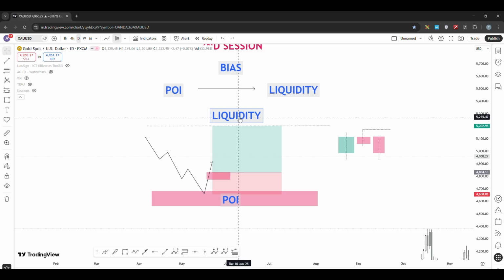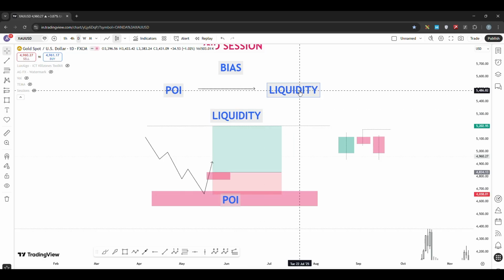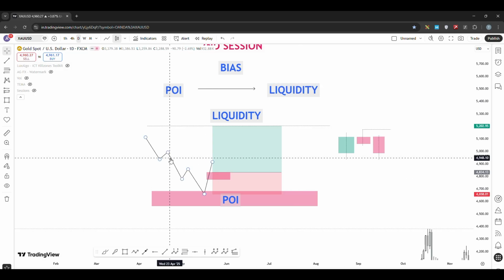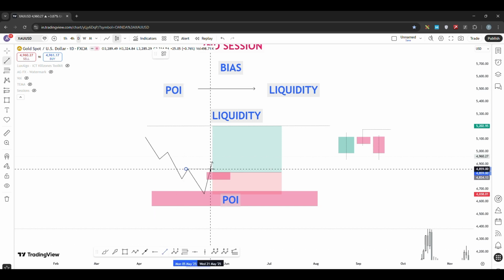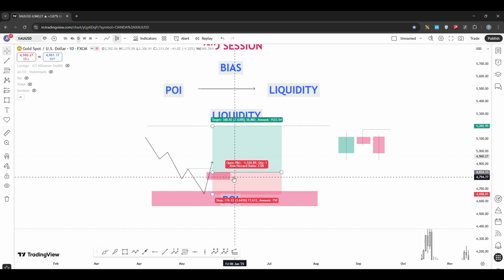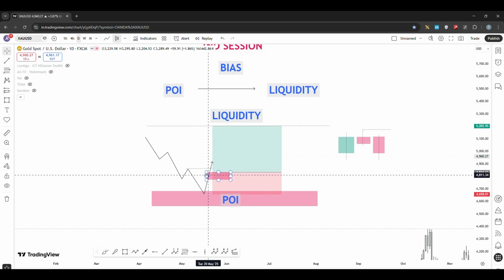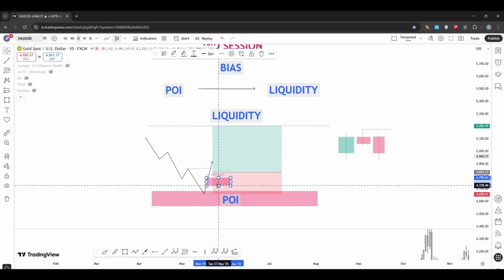Okay, so I hope till now it's very clear how to find the bias of a market. You have to find a POI and you have to find the liquidity. And once market taps the POI, you go to the lower time frame, use your time frame alignment, look for market structure shift, and once you see that, you will take your entry from the fair value gap that it creates, or you can also take your entry from the order block.